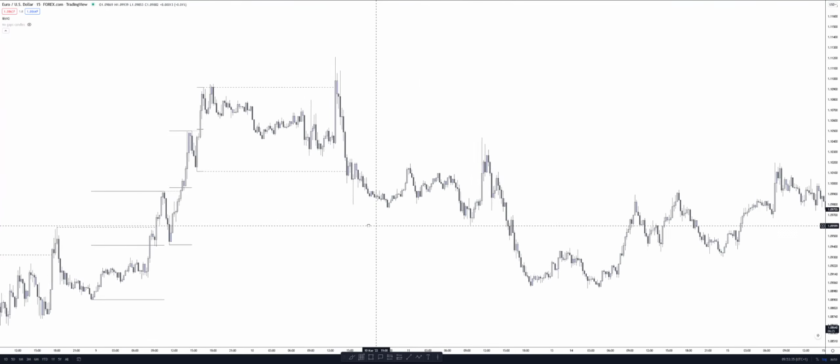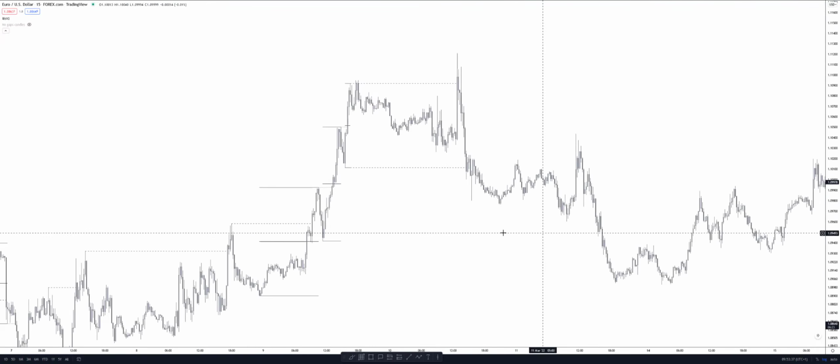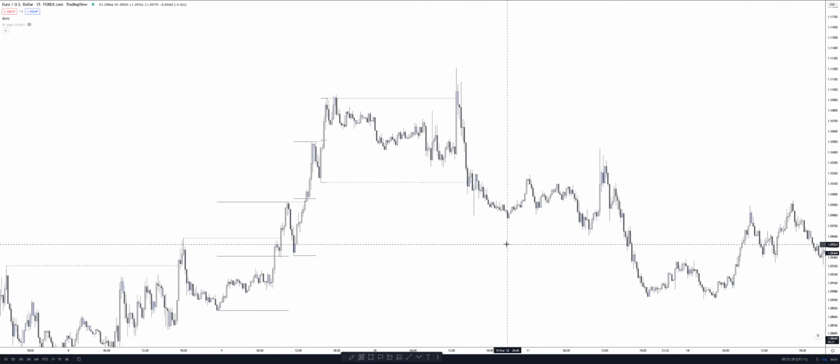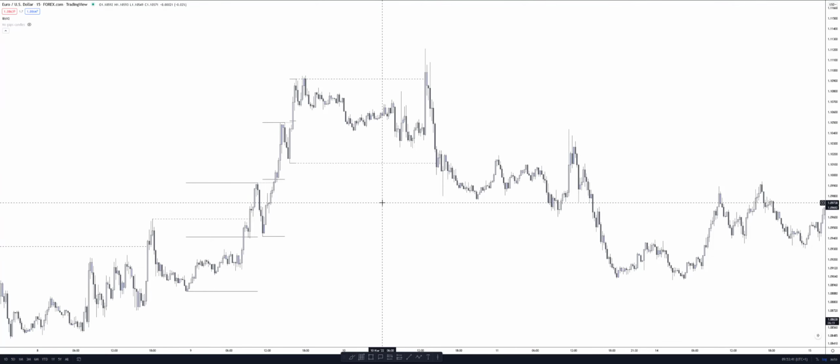So what we have once again here, we have these various areas down here that were never mitigated to the discount, which we can look at for areas to look for longs in.